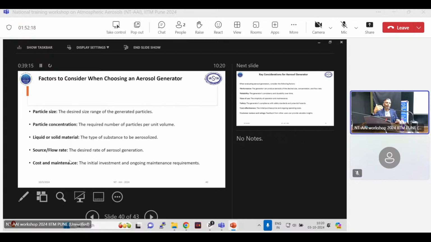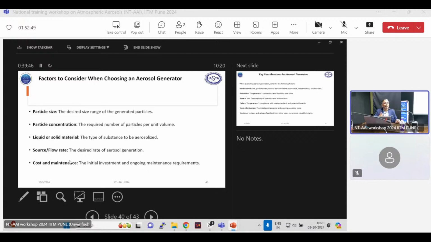Only then will code validation or model validation be useful, because aerosol fundamentals, modeling, or phenomena depend on both physical and chemical properties. The chemical nature of aerosol also affects charging, because if the chemical nature of the aerosol differs, then the elementary charge associated with the particle will differ. So you need to choose the right aerosol generator for the right application.